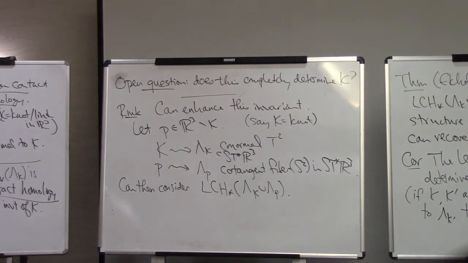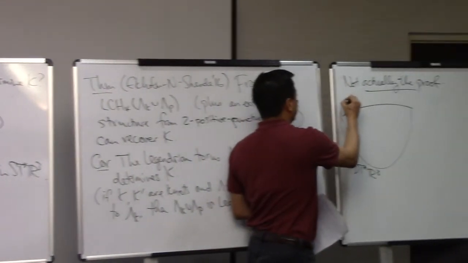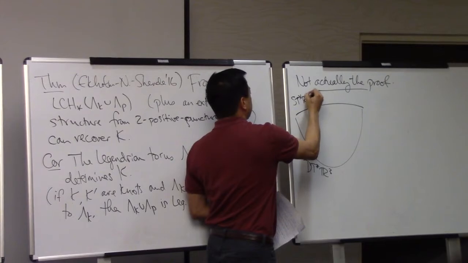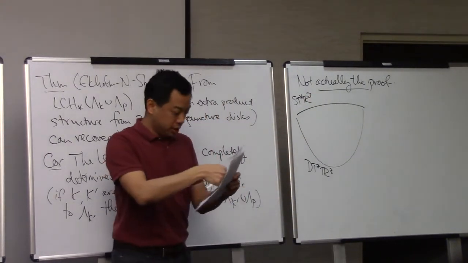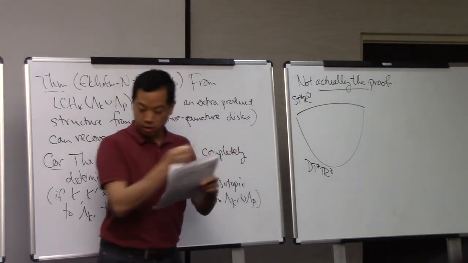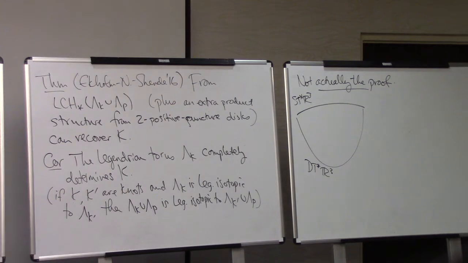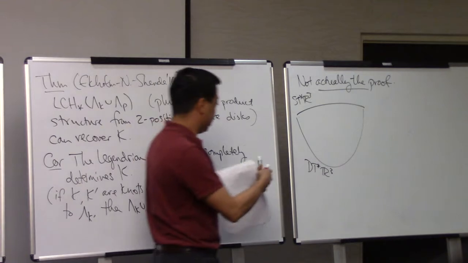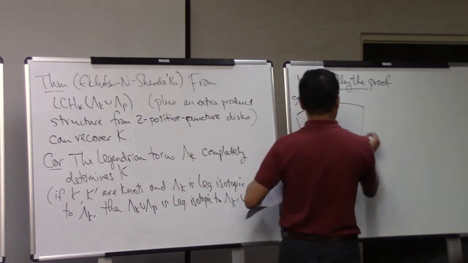So let me draw that picture that I drew over there again, but now I'm going to add in some stuff. So here's this cotangent bundle of R3. Here's its boundary, the unit cotangent bundle. So here is R3.